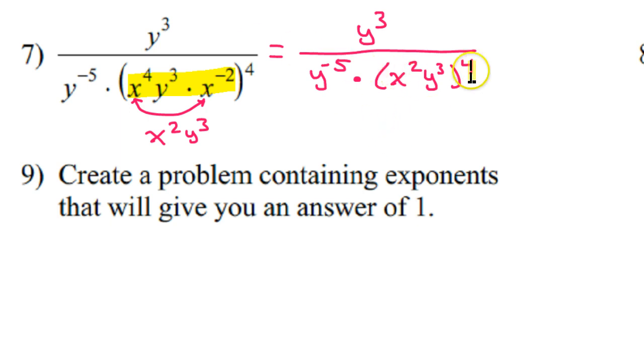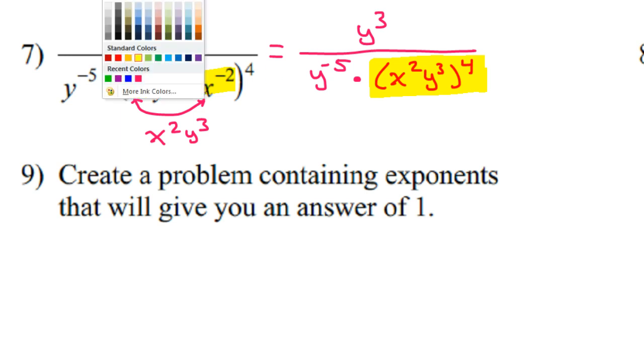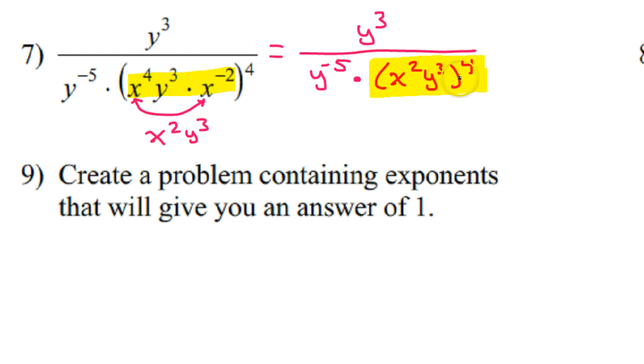Next, I will do this part right here. So focus on that. If I do the 4th power, I'm going to wind up multiplying these. So power raised to another power, you multiply. So this will be x to the 8th and y to the 12th.